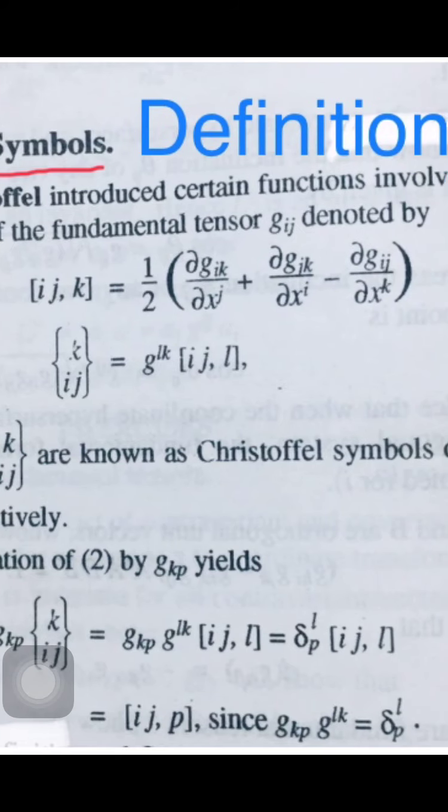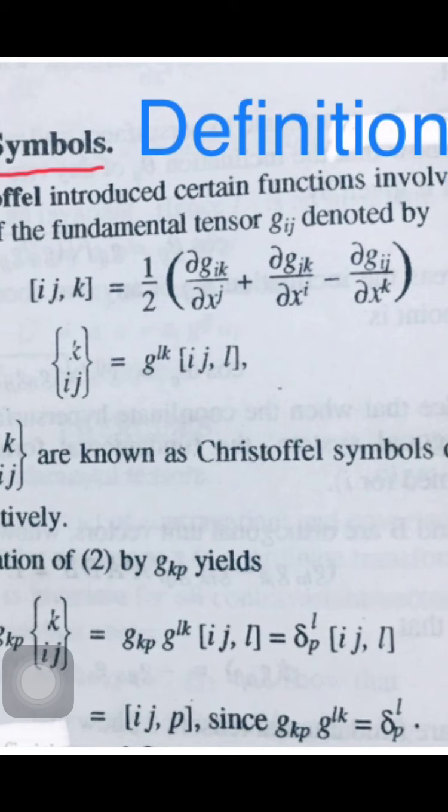What we are doing here: derivative terms of the fundamental tensor, ∂g_ik/∂x^j, because j is missing in ik, plus ∂g_jk/∂x^i, here i is missing, so we differentiate with respect to x^i, minus ∂g_ij/∂x^k.